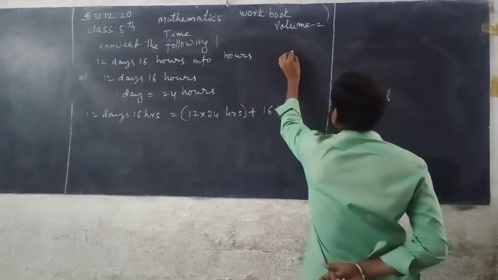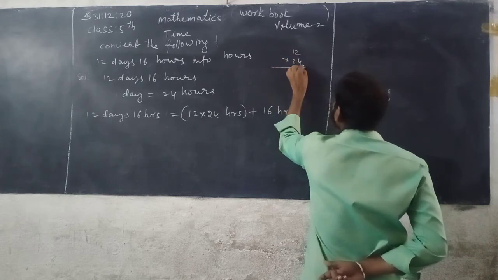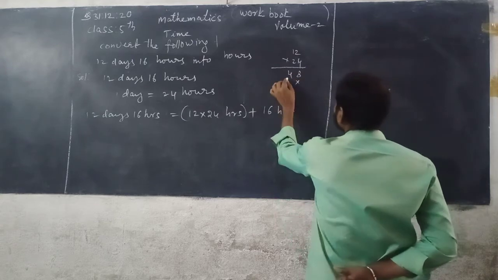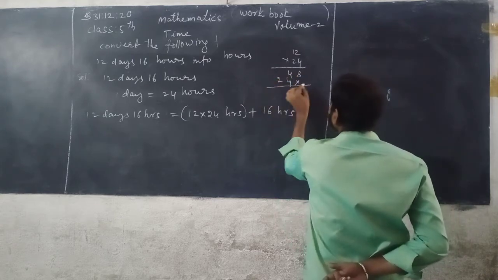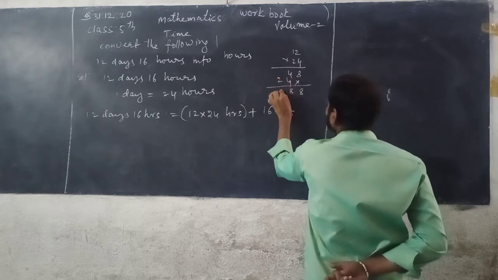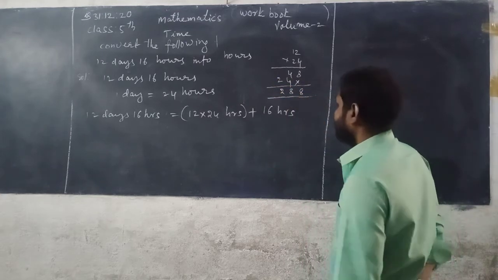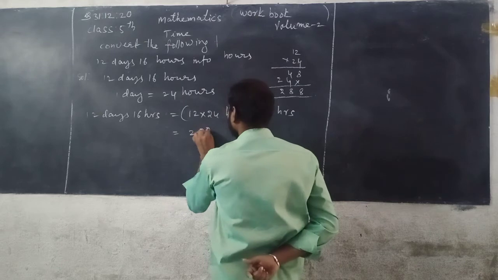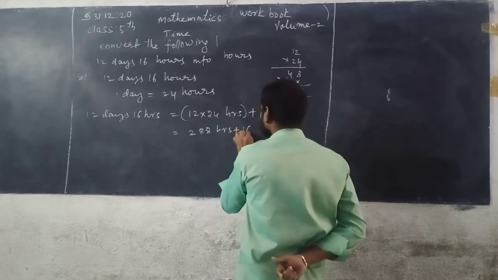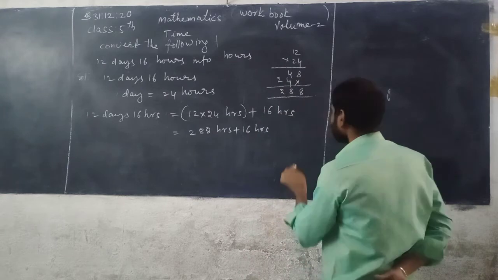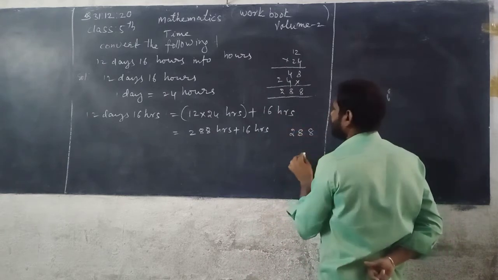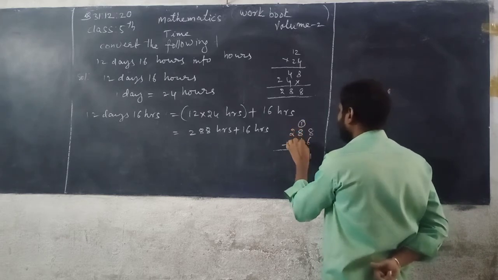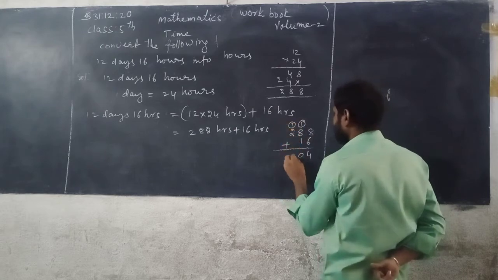12 into 24: 4 twos are 8, 4 ones are 4, 1 space cut it, 2 twos are 4, 2 ones are 2. Then you get 288 hours plus 16 hours. 288 plus 16: 8 plus 6 is 14, 4 taking 1 carrying, 1 plus 8 is 9, 10, 0 taking 1 carrying, 1 plus 2 you get 3.